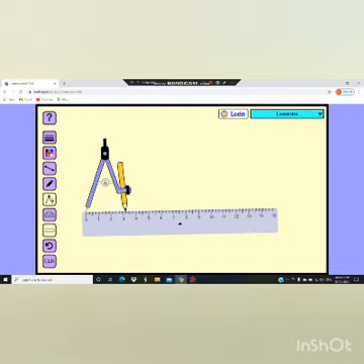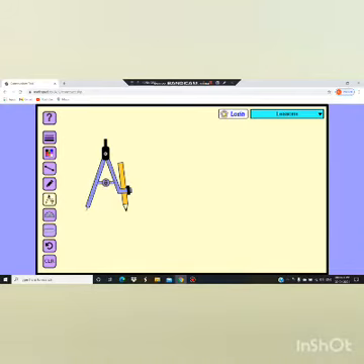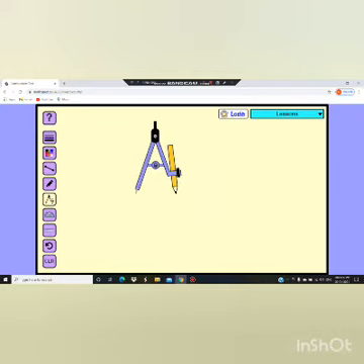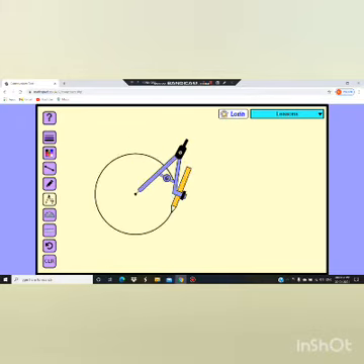Take a distance of 3.2 centimeter, and we will draw a circle with the radius 3.2 centimeter. Now the center name is P. So write it here, center as P.